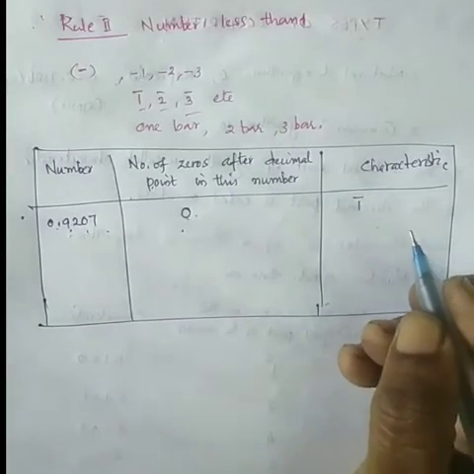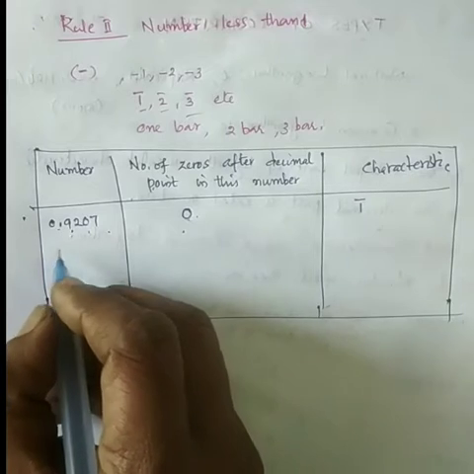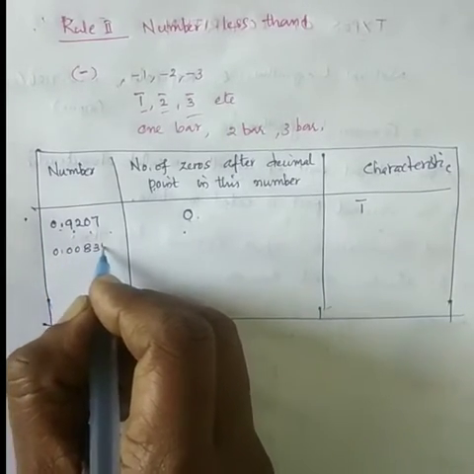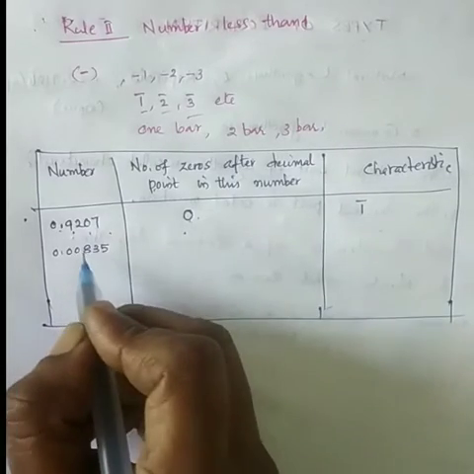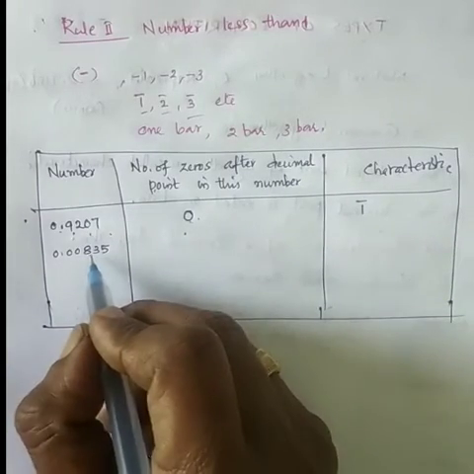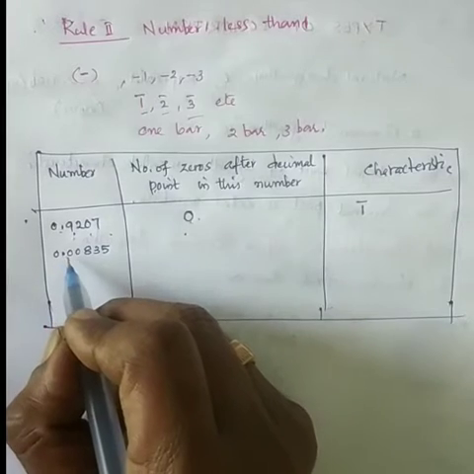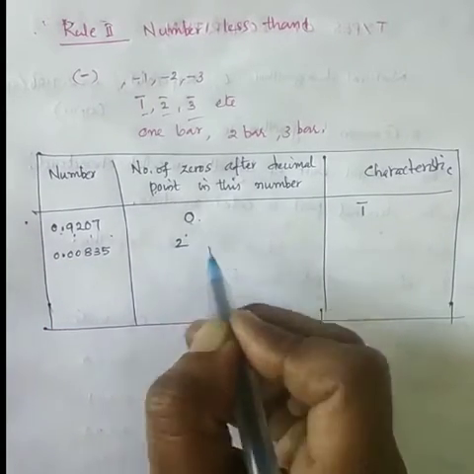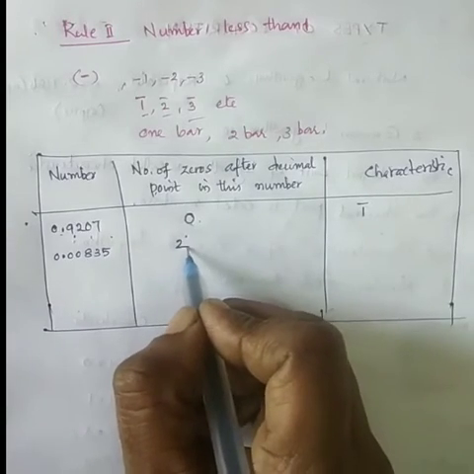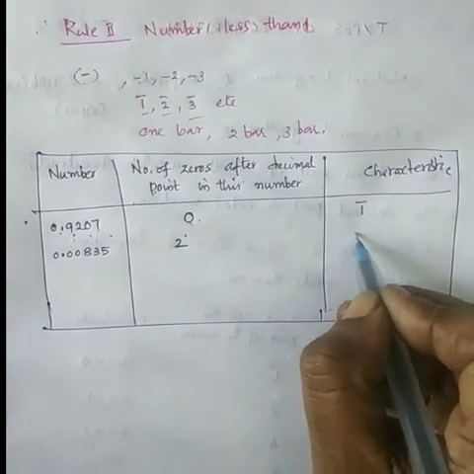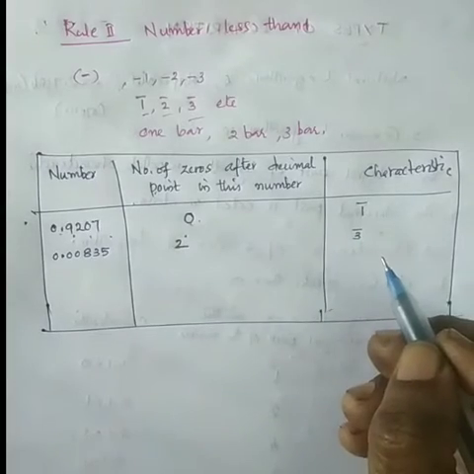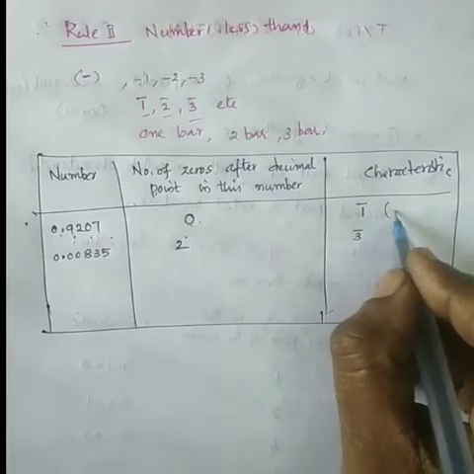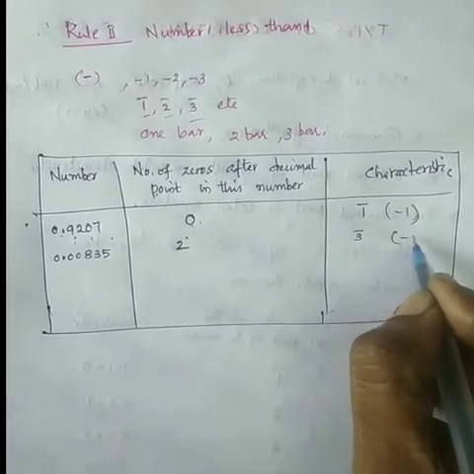Similarly, another one, 0.00835. In this number, there are 2 zeros after the decimal point. The characteristic is adding 1 to this number, that is 3, written like this: 3 bar. Or we can write 1 bar as -1, 3 bar as -3.